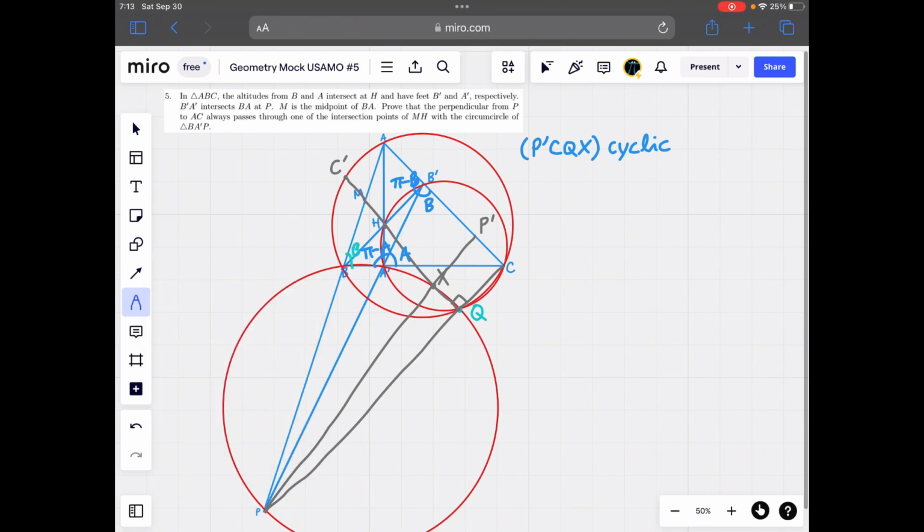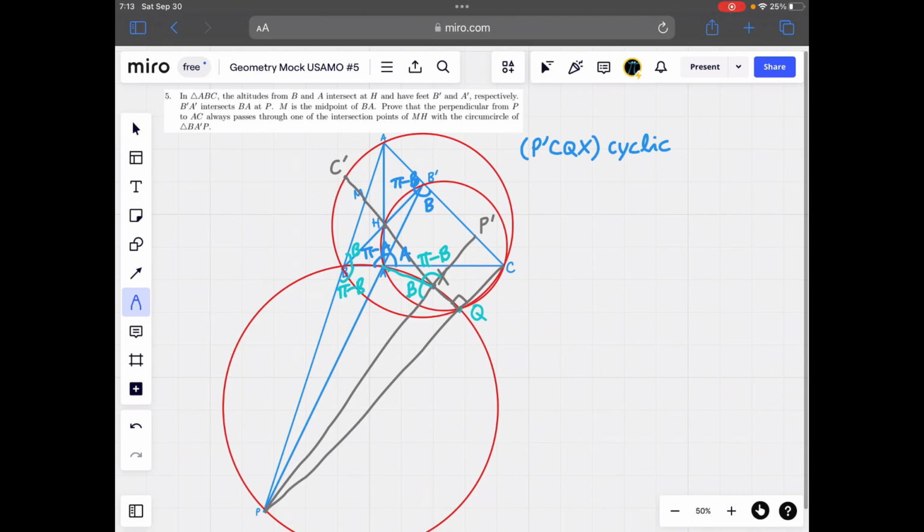Since this is just angle B, this is equal to pi minus B. Using cyclic quadrilateral PXA prime B, angle PXA prime is equal to pi minus angle PBA prime, which is pi minus B, which is just B. And on the other side from this angle B lies pi minus B. That's equal to angle A prime XP prime, which is opposite from B in quadrilateral B prime A prime XP prime.